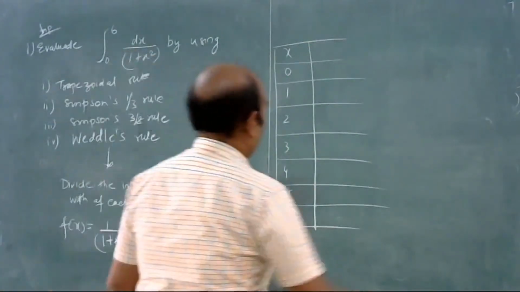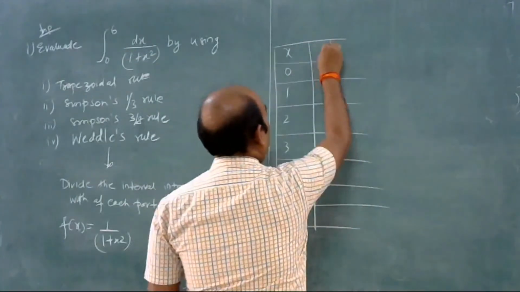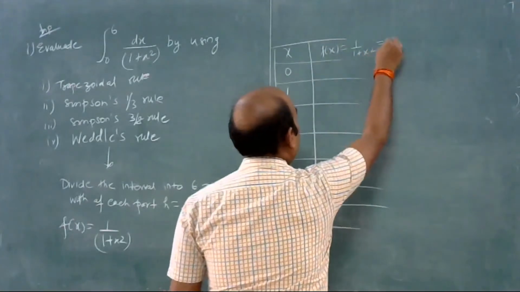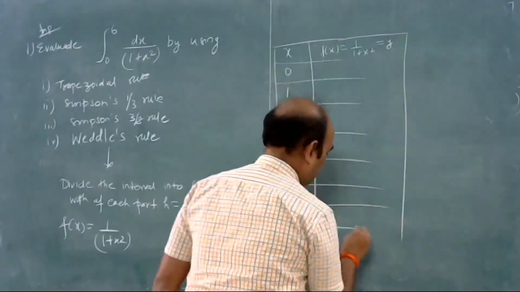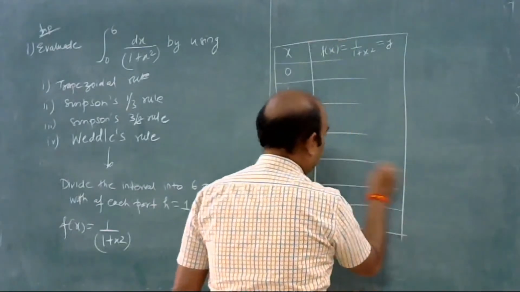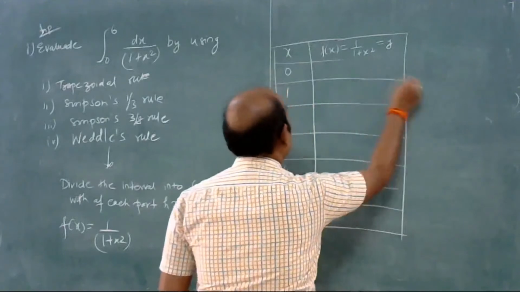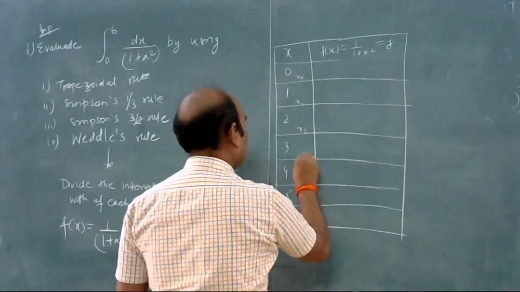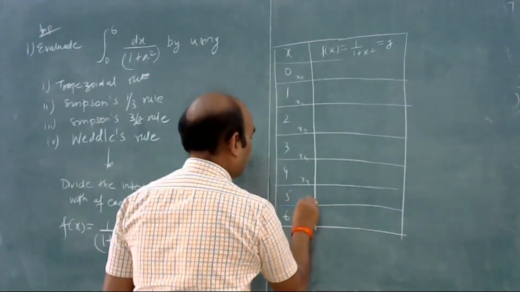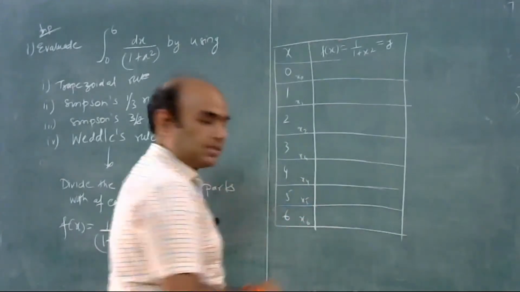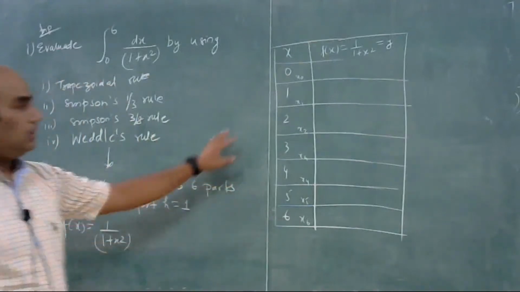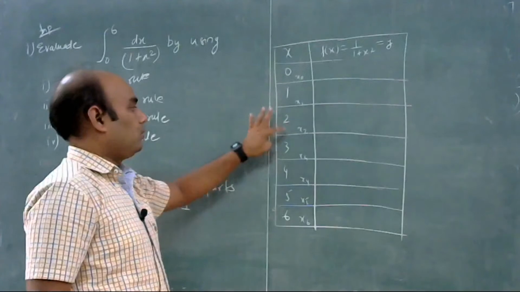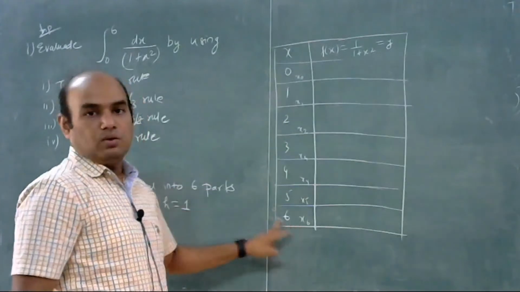We have f(x) = 1 upon 1 plus x squared. So this is x0, x1, x2, x3, x4, x5, and x6. We will find the corresponding values of y0, y1, y2, y3, y4, y5, and y6.